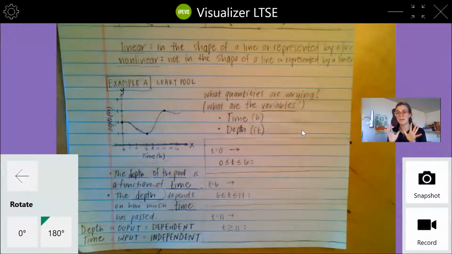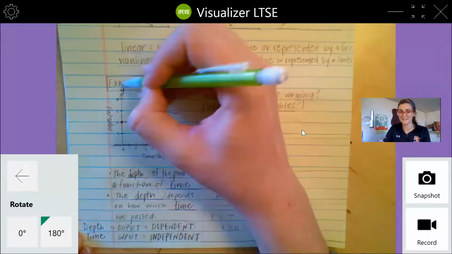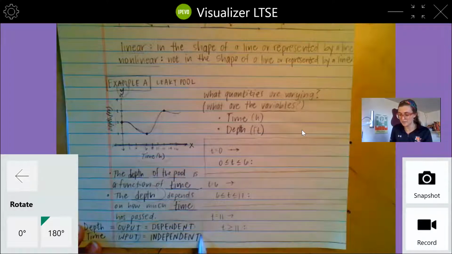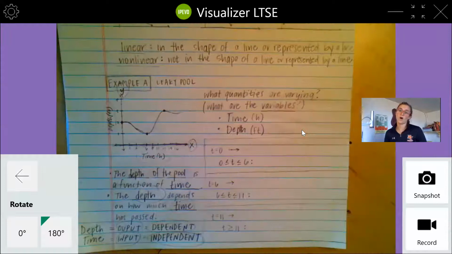The big main takeaways are that the output, the dependent variable, and the y-axis are all kind of meaning the same thing. And then the input, the independent variable, and the x are, again, all talking about the same thing. All right?